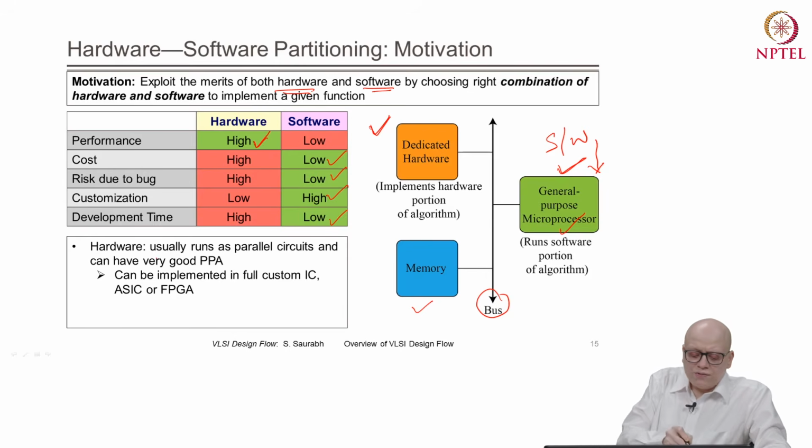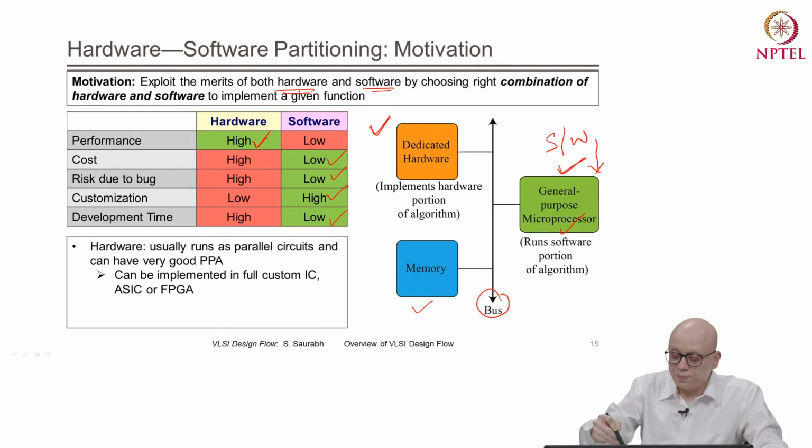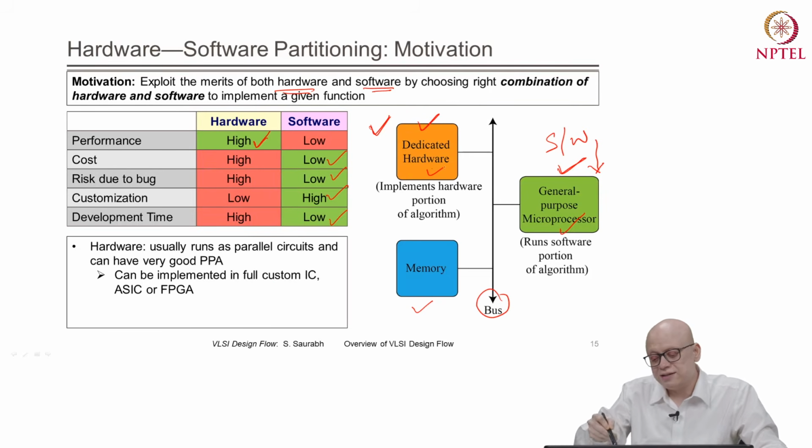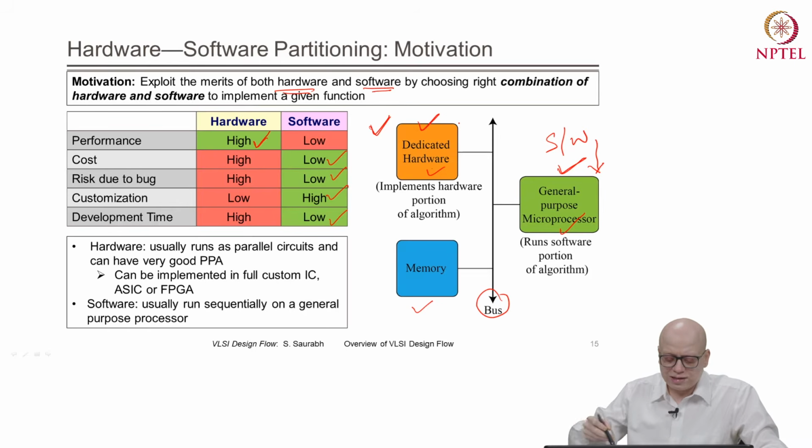The hardware usually runs as parallel circuits and can have very good PPA, and that is why these are known as hardware accelerators. It can be implemented in full custom IC, ASIC or FPGA, right? This dedicated hardware can be implemented in various kinds of design styles, and the software usually runs sequentially on the general purpose processor.